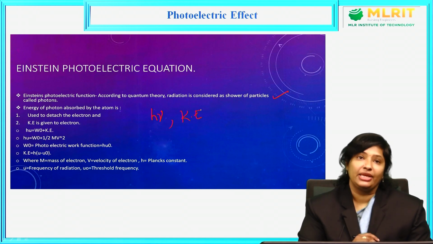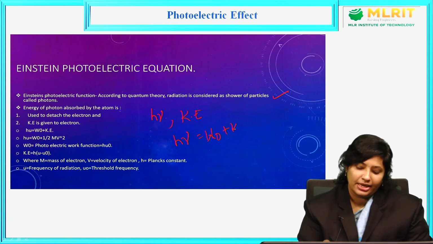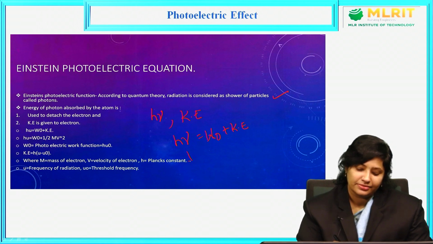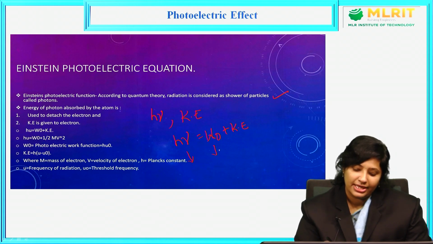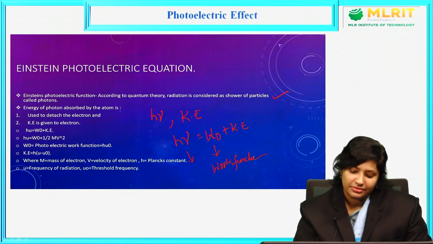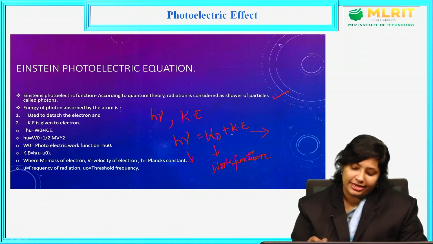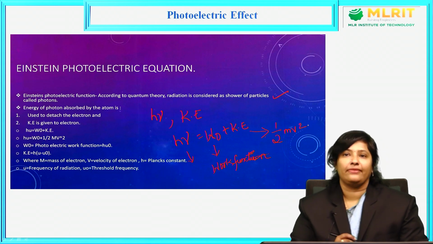The final equation is h nu equals W0 plus K.E., where h nu is the energy of the incident light wave, W0 is the work function, and K.E. is kinetic energy, which is nothing but half m v square.